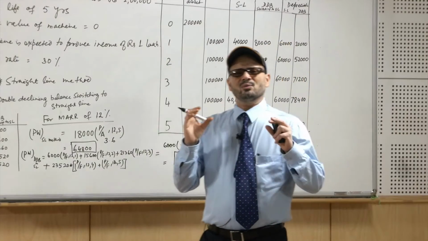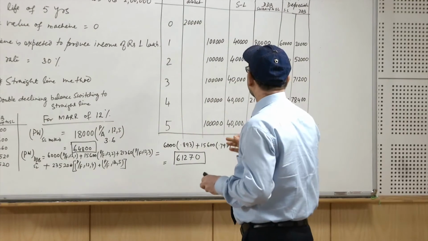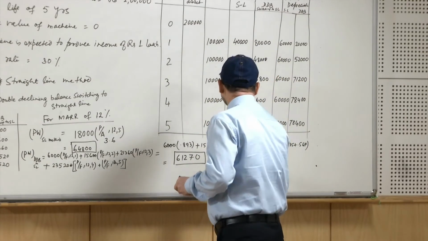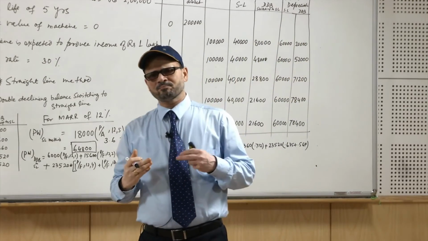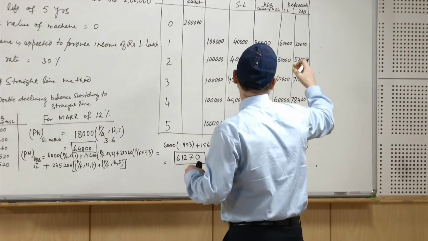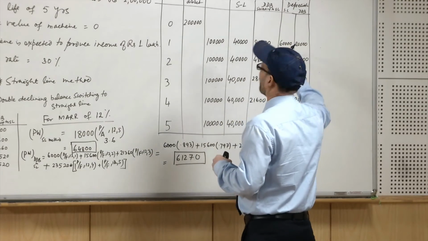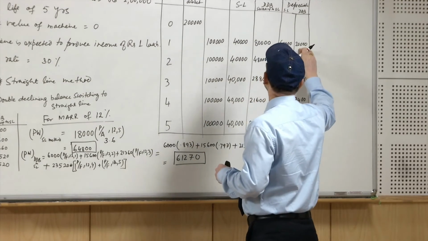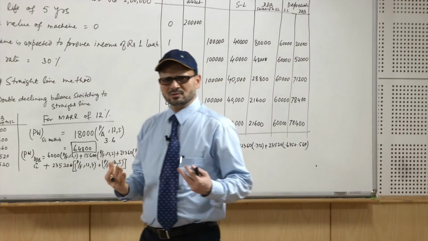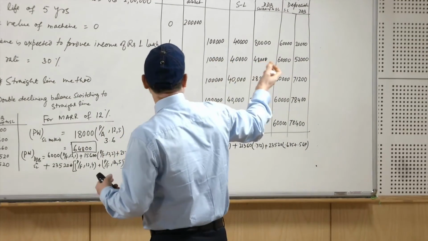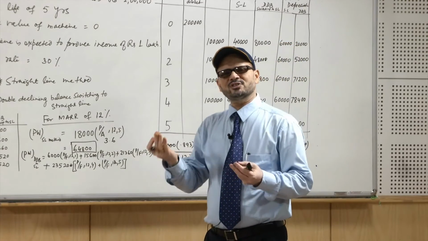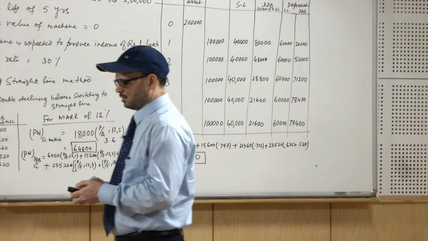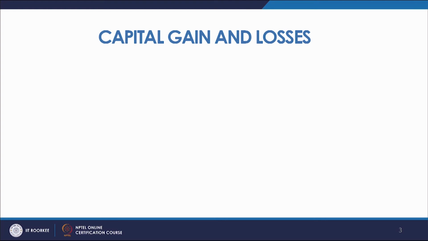So, we have the advantage in choosing that depreciation schedule where initially the larger depreciation is accounted for. So, you are paying initially less taxes rather than the schedule in which initially you have to pay more taxes by depreciating less.